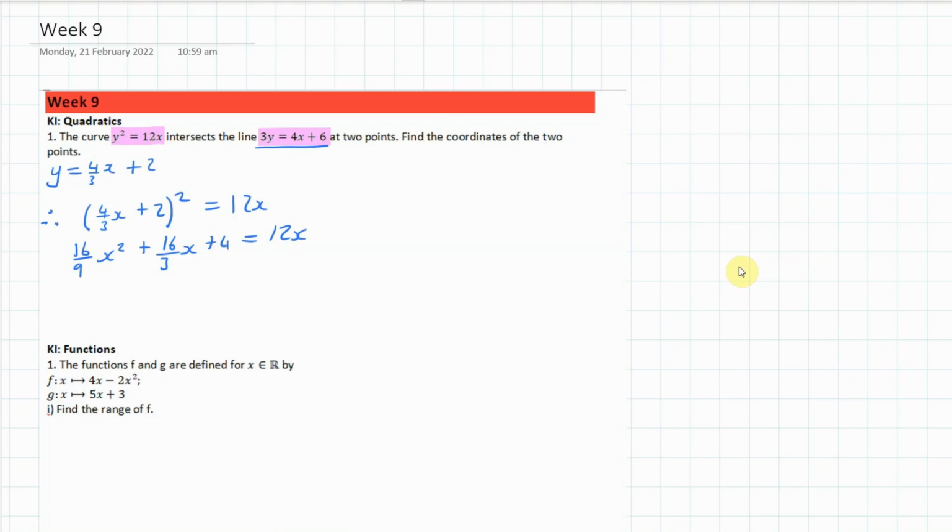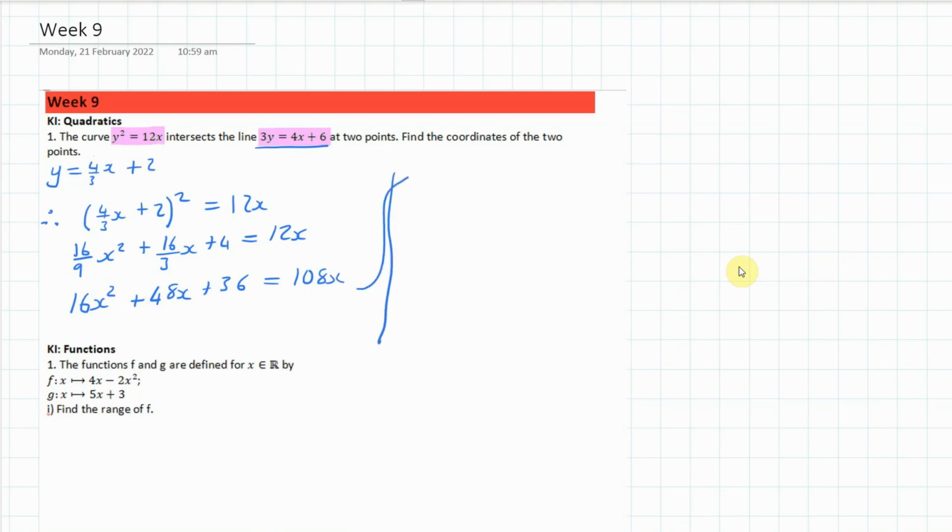At this point I'm going to times everything by 9 to get rid of the fraction, so I'll get 16x squared. And then when I times by 9 there, I'll end up with the 16 over 3. It'll be like 3 times 16, which is 48x. And then I'll get 36 here. And 12 times 9 is 108, so I'll get 108x here.